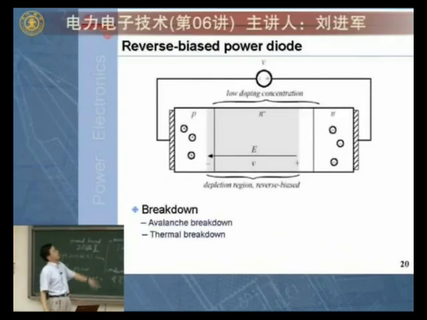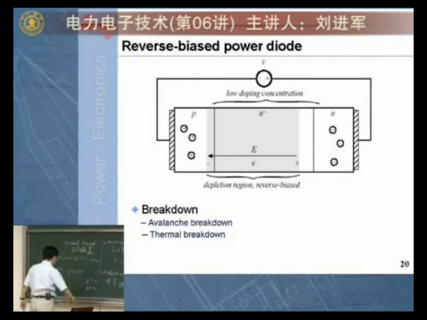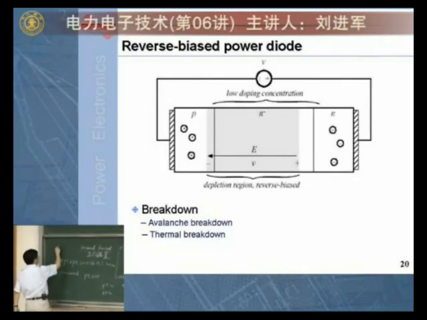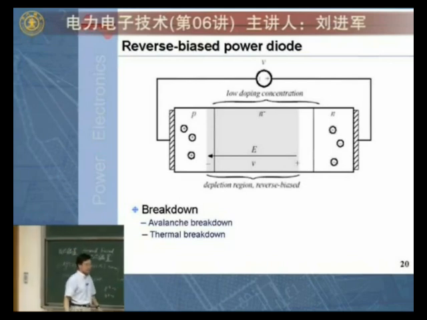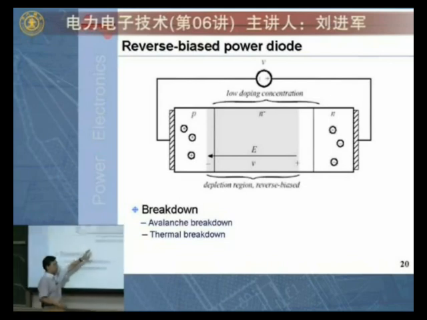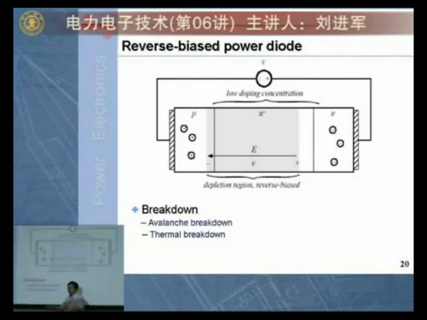When it is reverse biased, you can imagine the originally inside intrinsic region electrons and holes will all be removed. Electrons will be removed from intrinsic back to the N region.